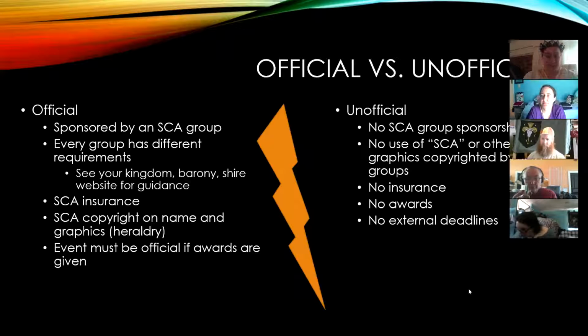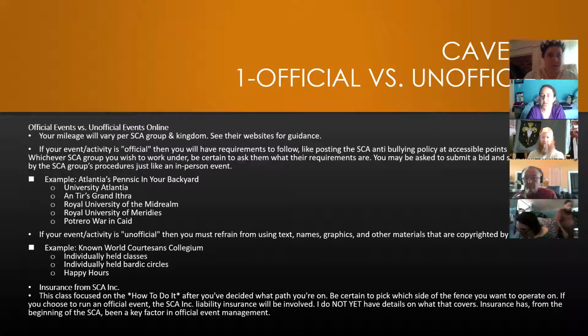So I want you guys to see here another page. This goes into a little more detail on that, and I'm going to try to not focus too much on what official things require because I am not an authority on it.